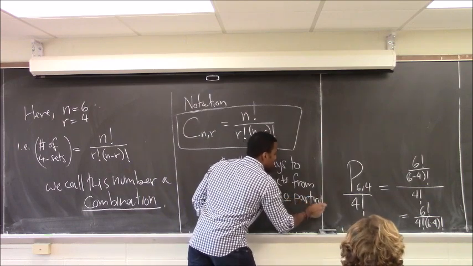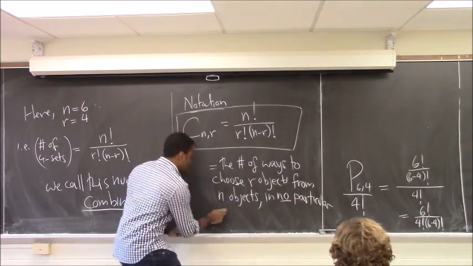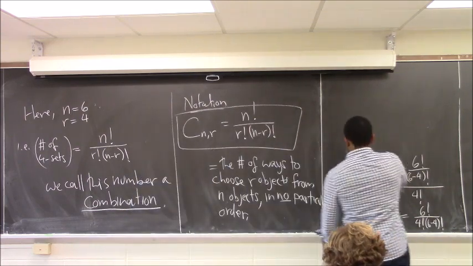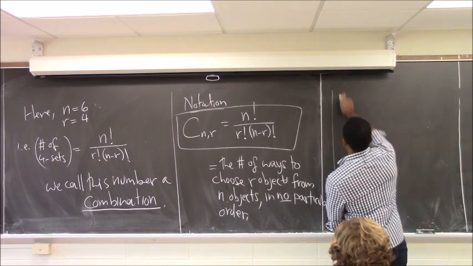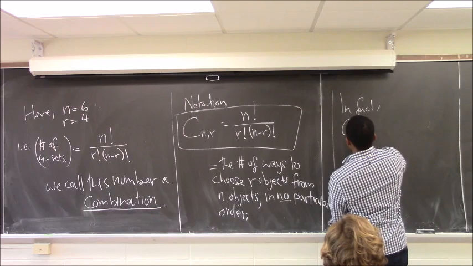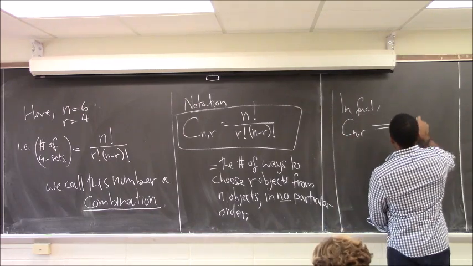I just want a random group of r things from n things. In fact, C of n, r is often read "n choose r."